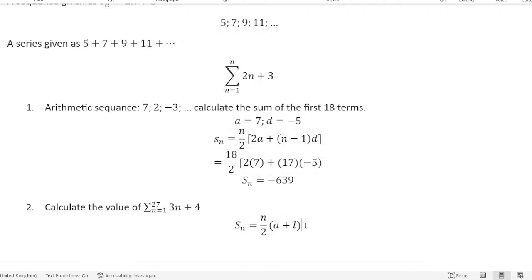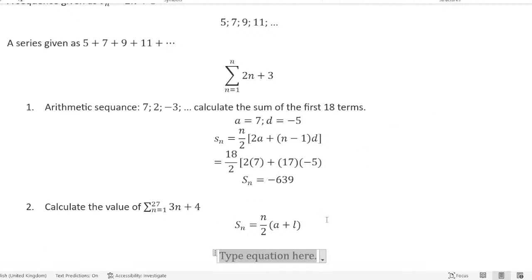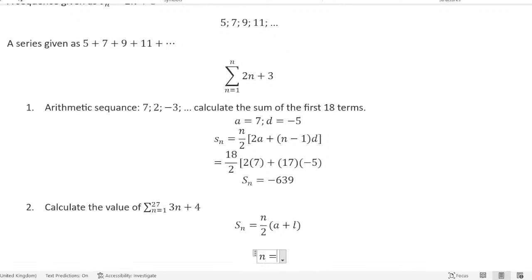So here we have the value of n. n is equal to 27.